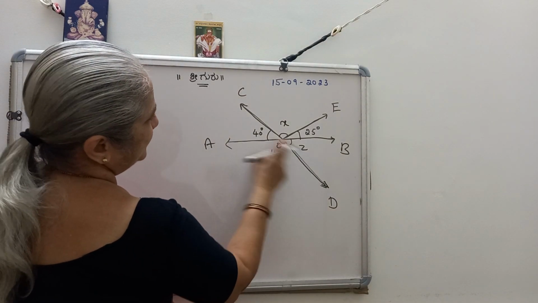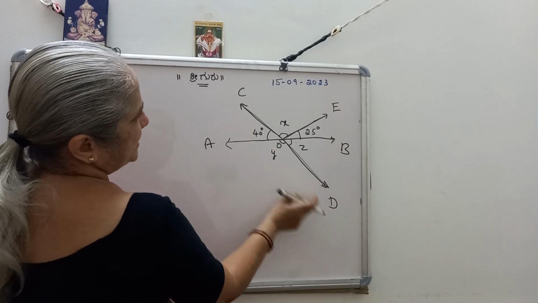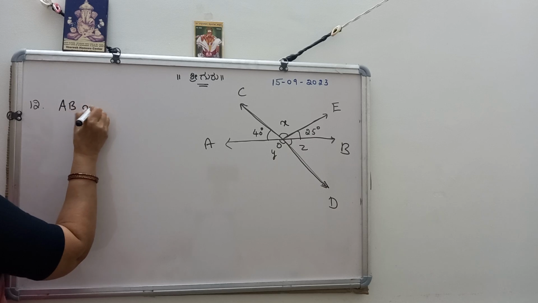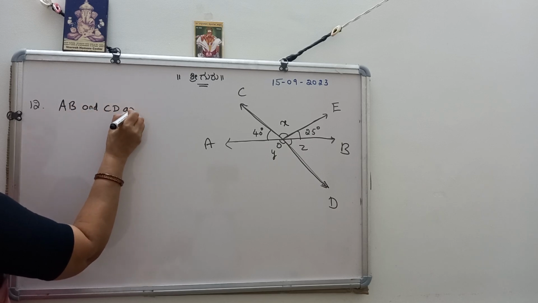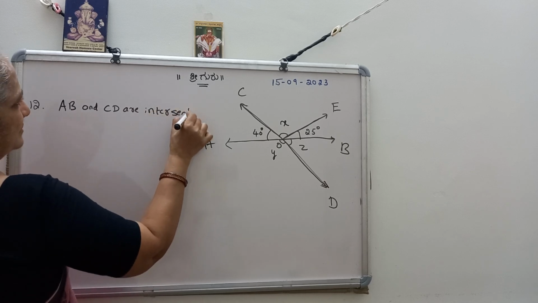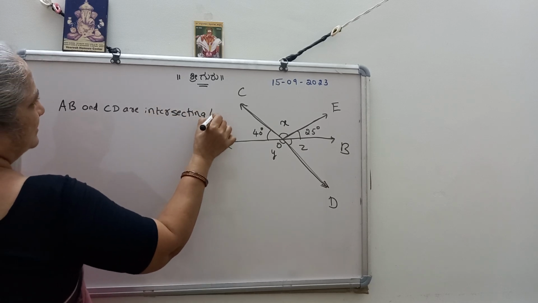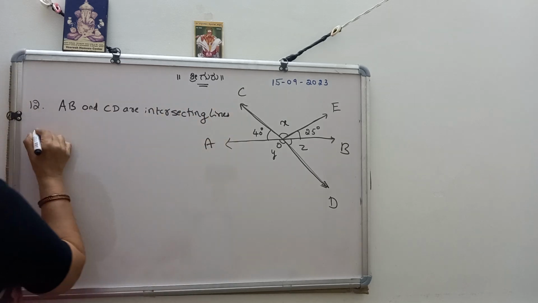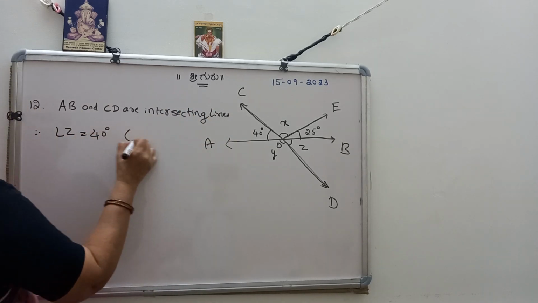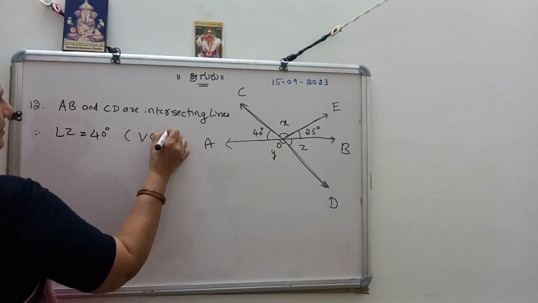Angle Z is equal to 40 degrees. Why? CD and AB are intersecting lines. Therefore, angle Z is equal to 40 degrees, vertically opposite angles.